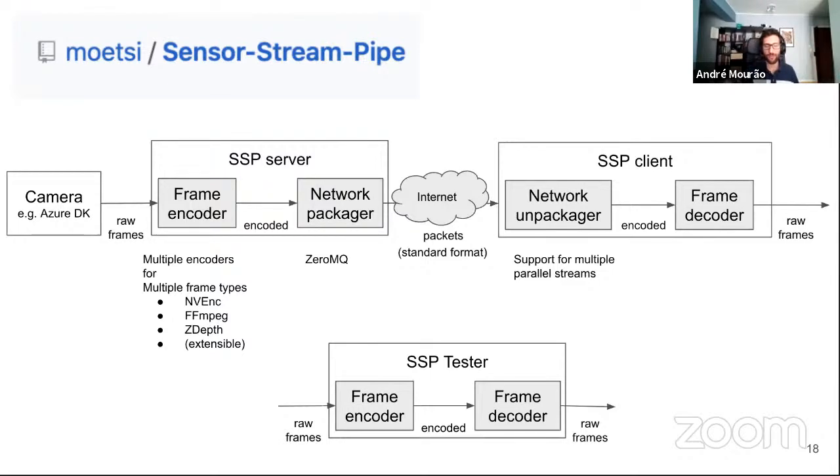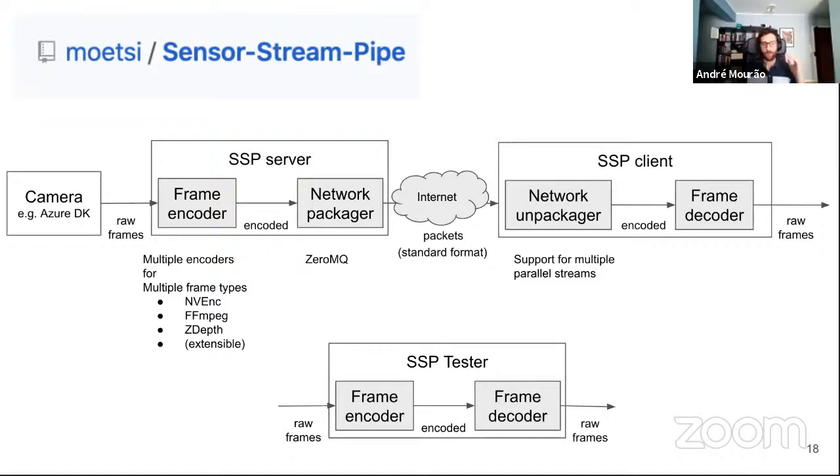It will also take care of what happens if you have a slower network, like if it's dropping frames. You can still keep processing your data as well as the network is able to.